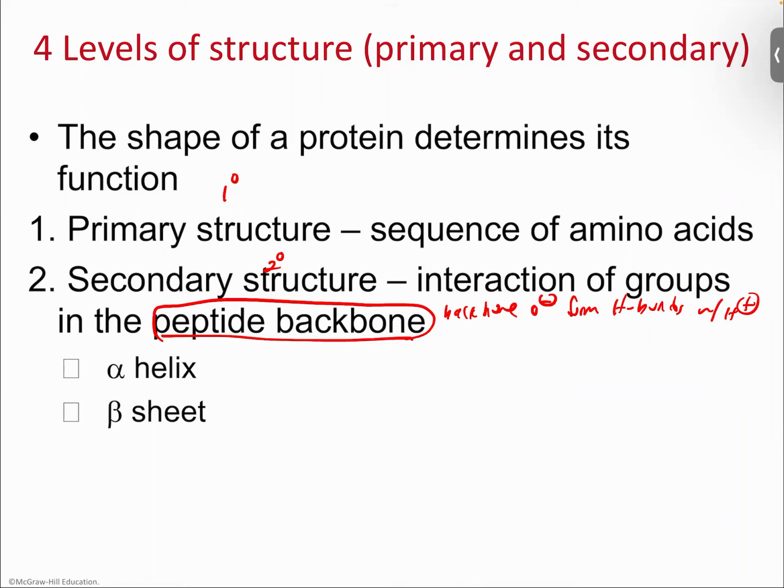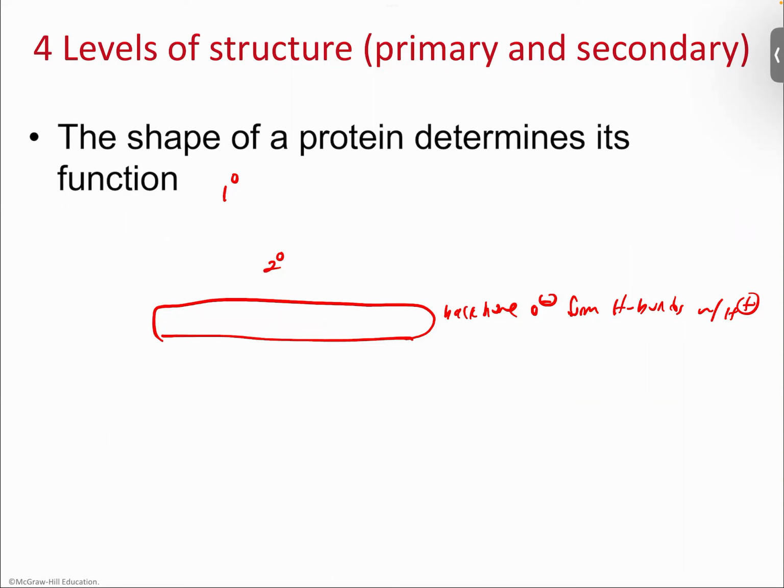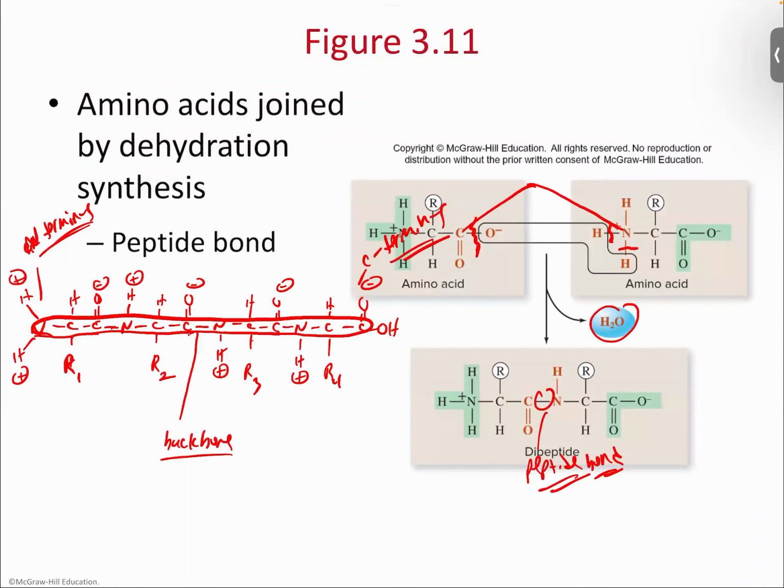So let's see what that looks like with our little tetrapeptide friend. For instance, this hydrogen may see this oxygen over here and want to form a hydrogen bond with it. Maybe this hydrogen here sees this oxygen right there and wants to form a hydrogen bond with it.